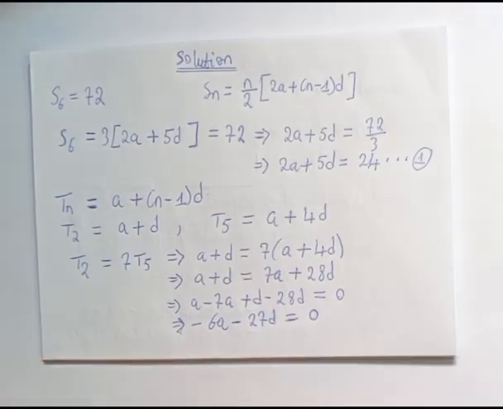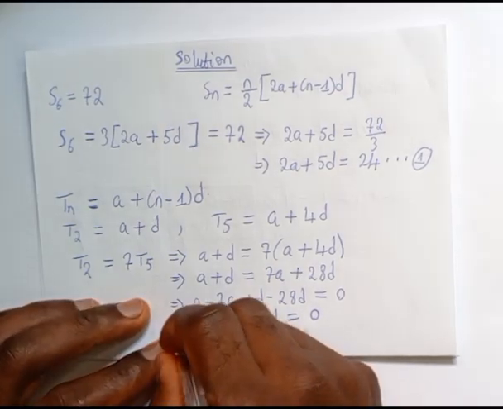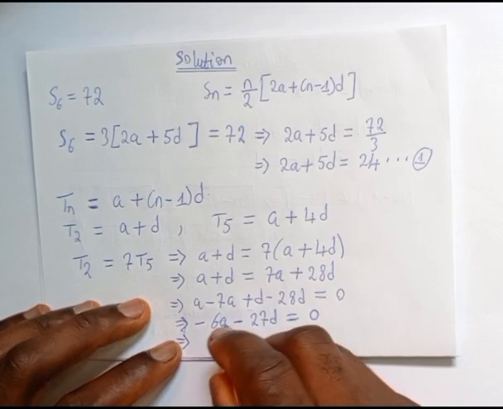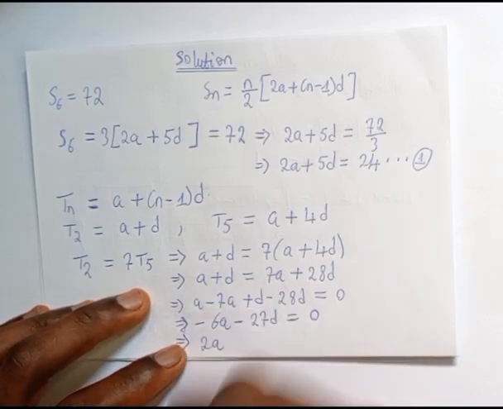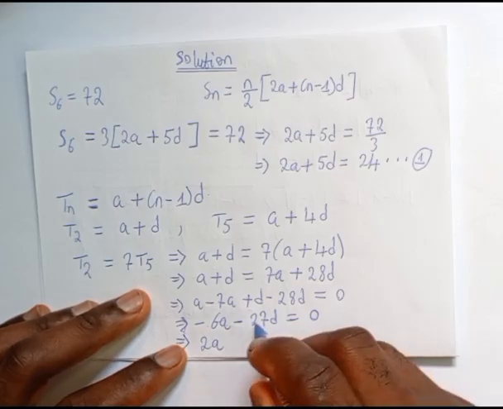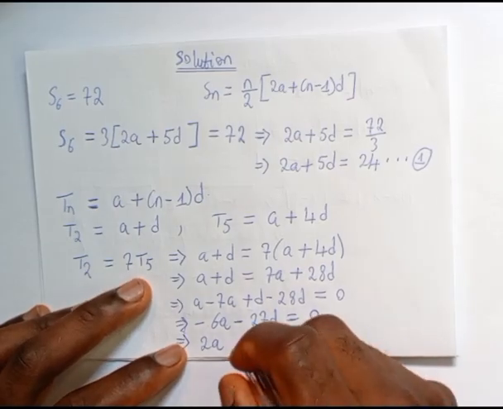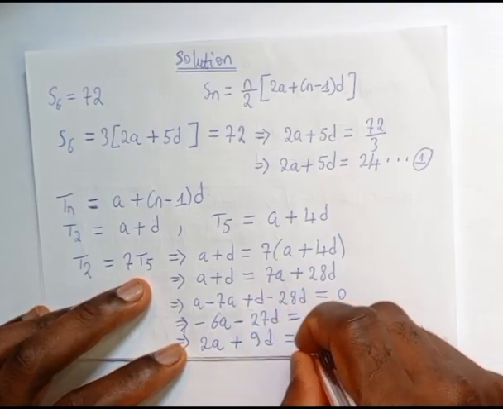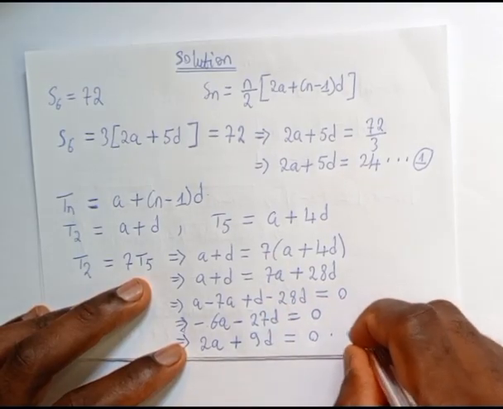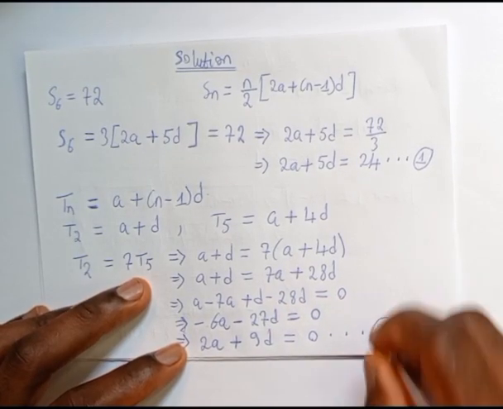Next step, we are going to divide all through by negative 3. Negative 6a divided by negative 3 becomes positive 2a. Negative 27d divided by negative 3 gives us positive 9d is equal to 0. We call this equation 2.